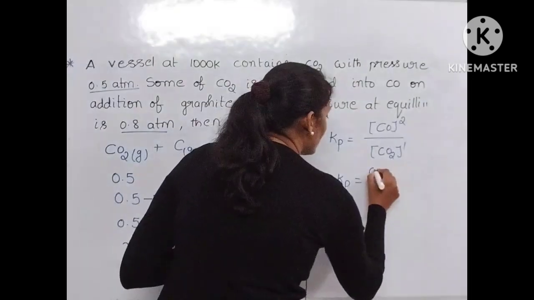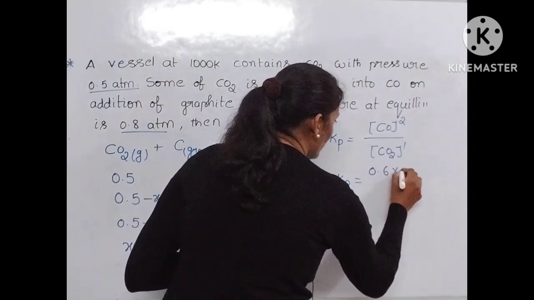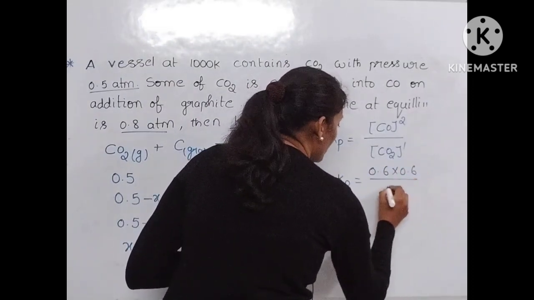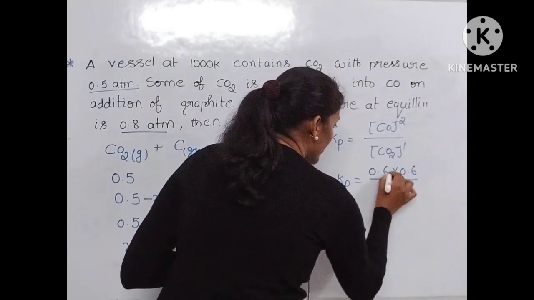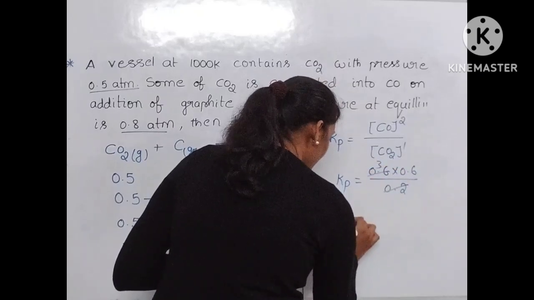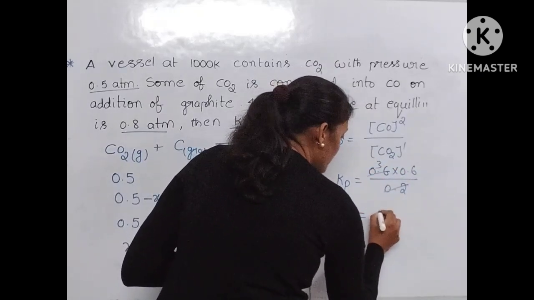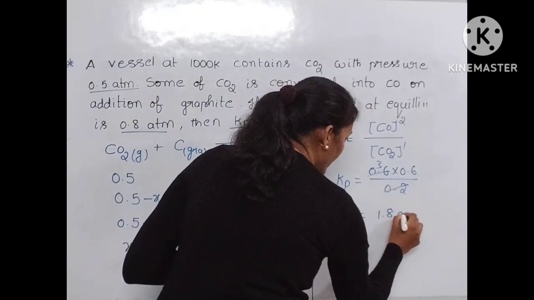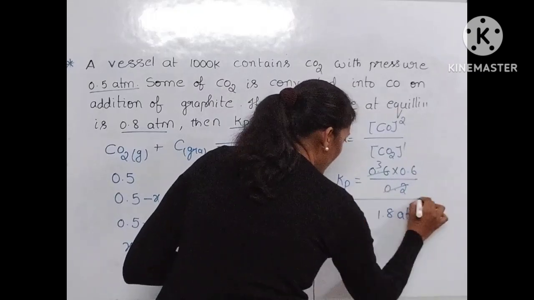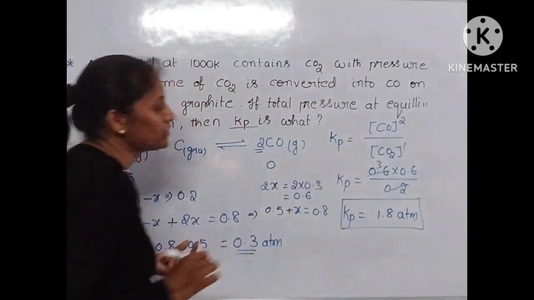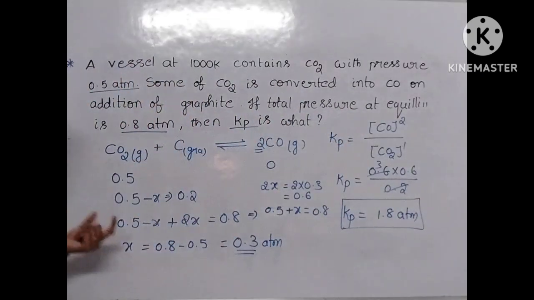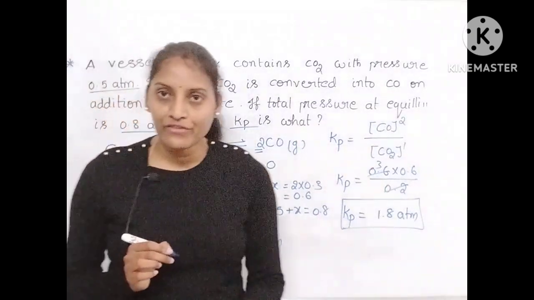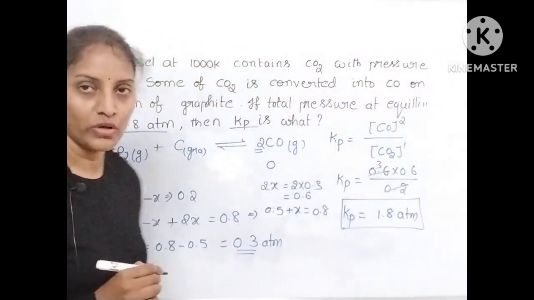So 0.6 into 0.6 upon 0.2. So then Kp equal to 1.8 atm. This is the answer to this question. This is one of the most important questions mentioned in previous year papers.